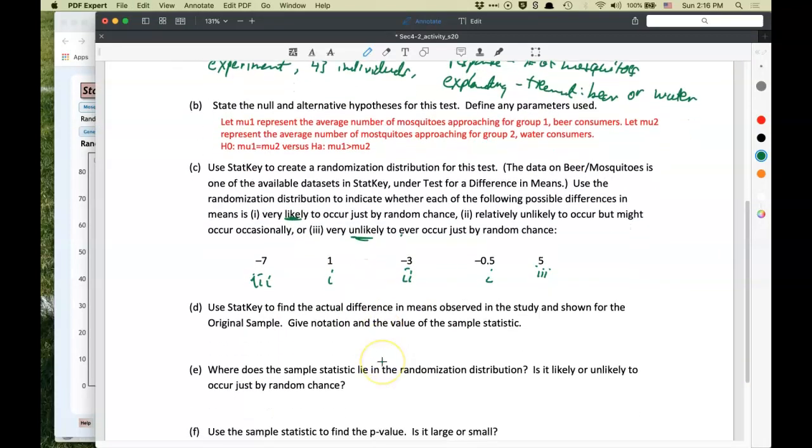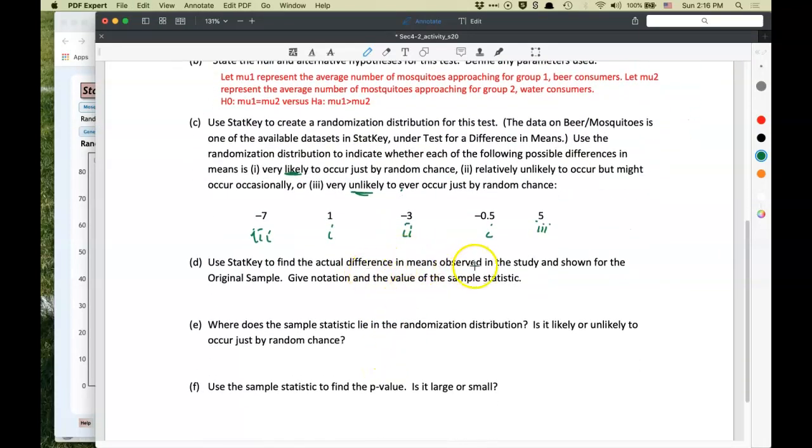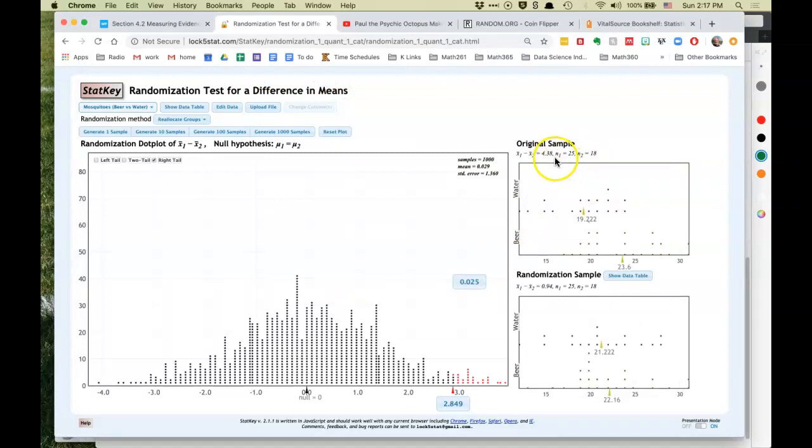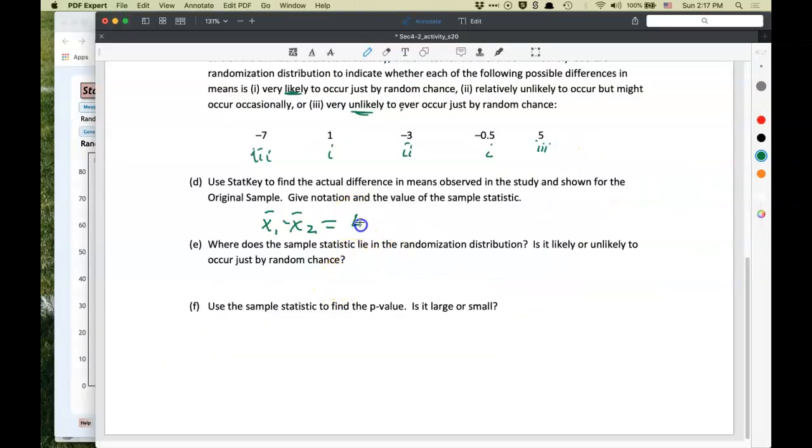Okay. So now we're going to use StatKey to find the actual difference in means observed in the study. And I've pointed that out to you already. That was x bar 1 minus x bar 2, using the notation. And the value that we saw over here was 4.38. Where does the sample statistic lie in the randomization distribution? Is it likely or unlikely?